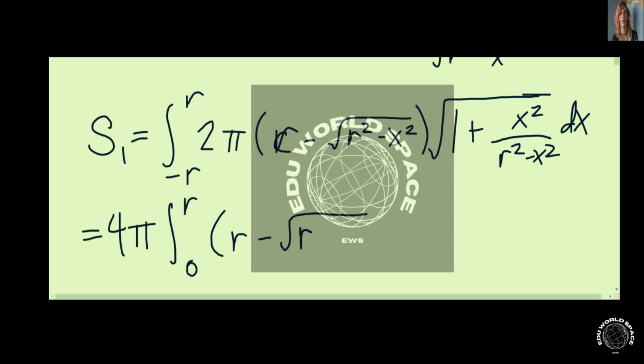So this is the same as 2 times 2 pi, or 4 pi, times the integral from 0 to r of, instead of c, I mean r here, sorry, of r minus the square root of r squared minus x squared times, and this becomes, the square root of r squared is simply r over the square root of r squared minus x squared. This is because r is positive, dx.